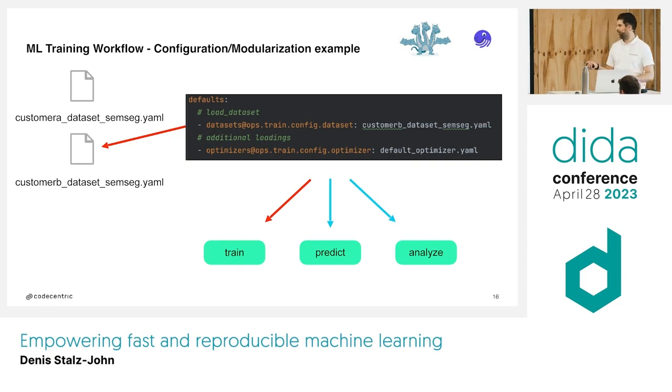So the advantage of having a consistent pipeline, as I said, is that it takes care of storing all information. And the advantage of using Hydra is that you have really separated configuration files which can even be tested and loaded into the correct part of your training process.